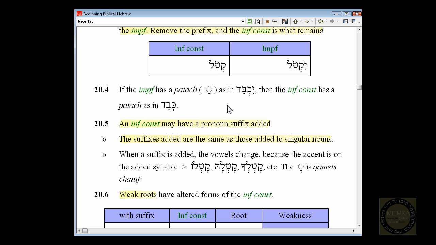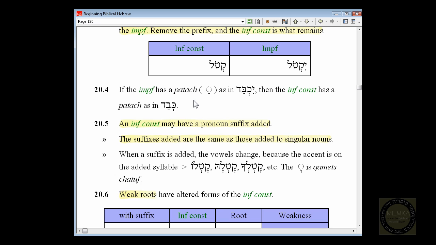Now, frankly, if you look at this form, look at kebad. Have you ever seen anything like that? The answer is no. You should be able to know that this is not a perfect. For starters, there's no ending, so you would think without a prefix, without a suffix, that would be your third masculine singular form.